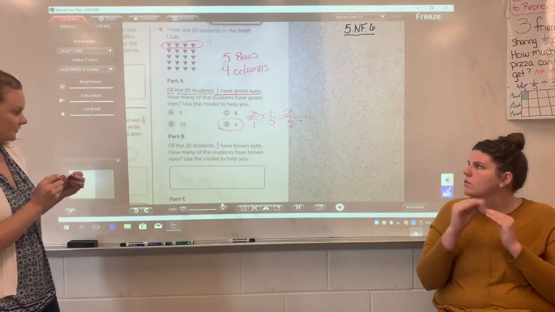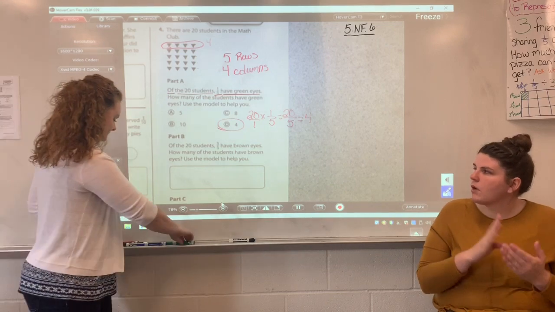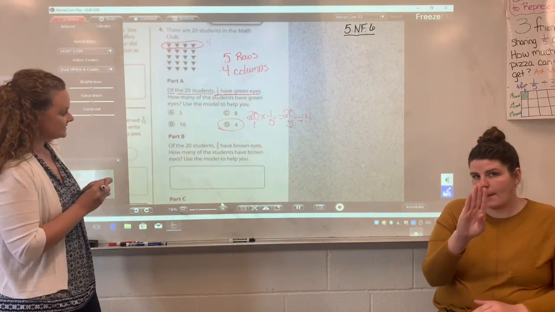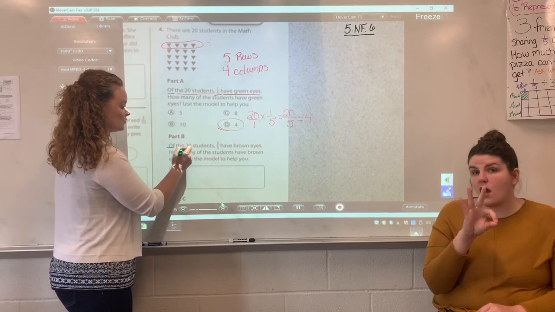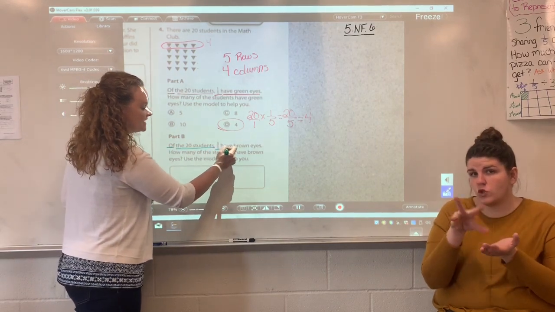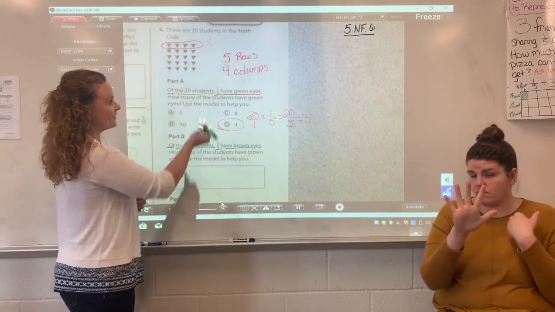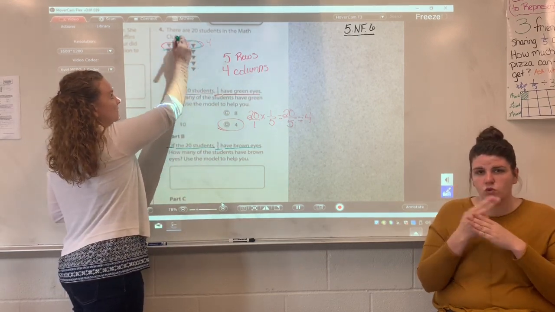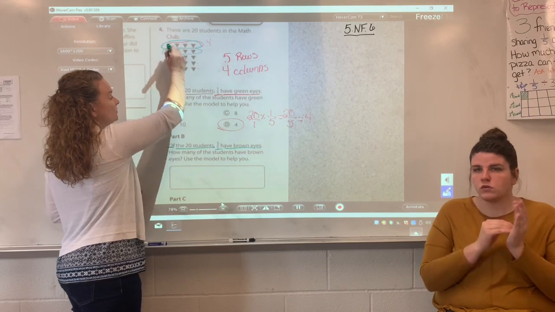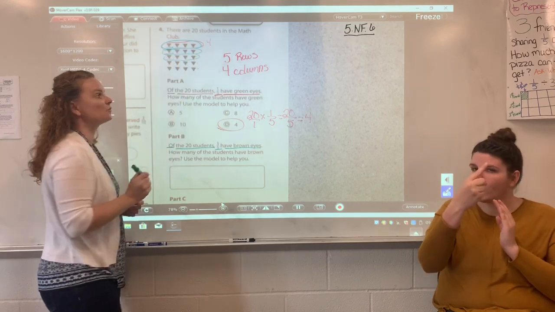Okay, now part B says of the 20 students, 3/5 have brown eyes. So I'm going to use my rows again, but there's 1, 2, 3. 3/5.